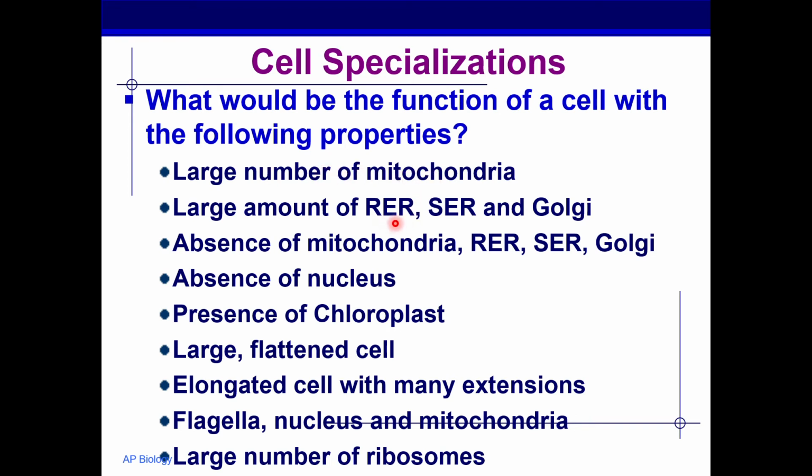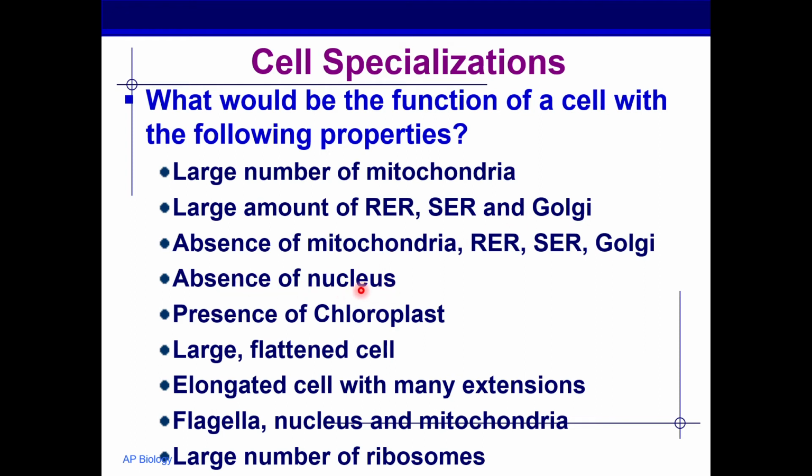Rough endoplasmic reticulum, smooth endoplasmic reticulum, Golgi apparatus, because these have to do with packaging and shipping and making proteins and moving proteins around in the cell. If a cell has a large amount of these types of organelles, then they're going to be responsible for making and shipping a lot of products within the organism.